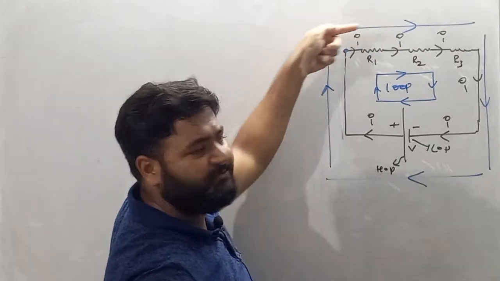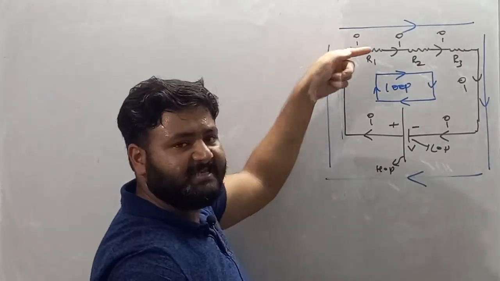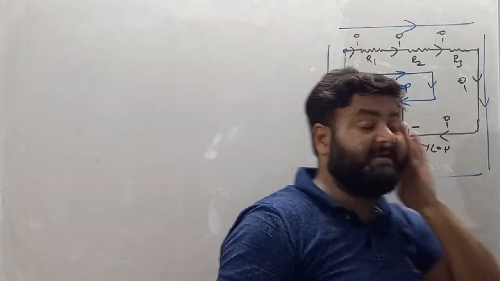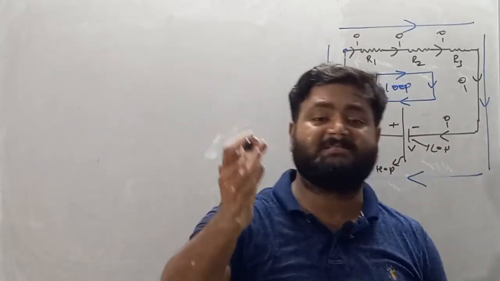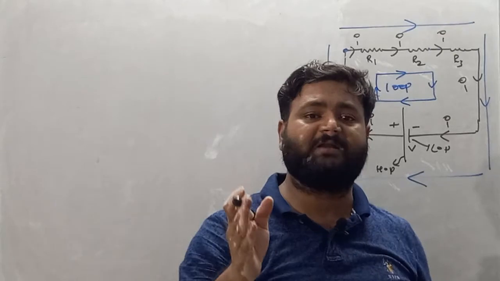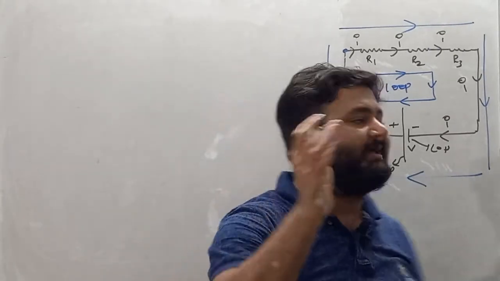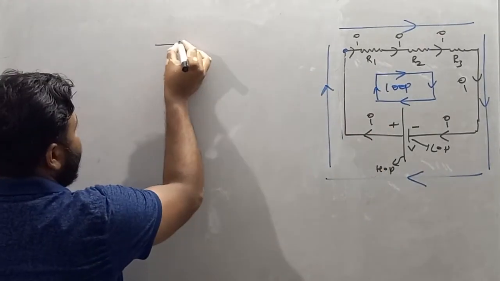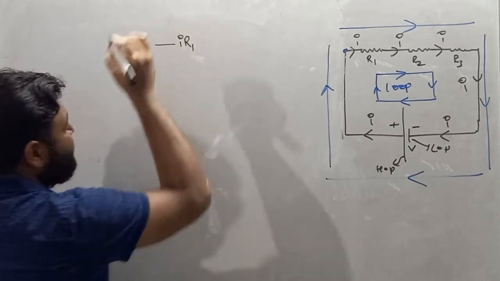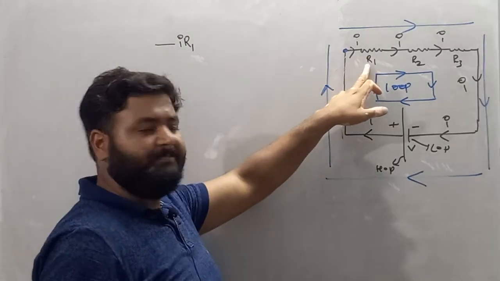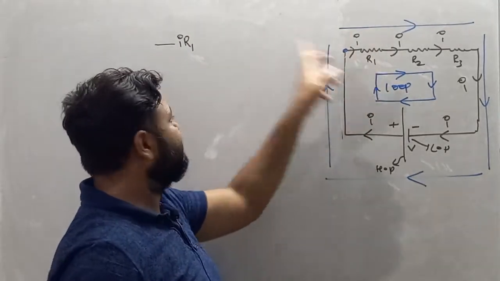The direction of the loop and the direction of current are the same, so I write minus IR1.